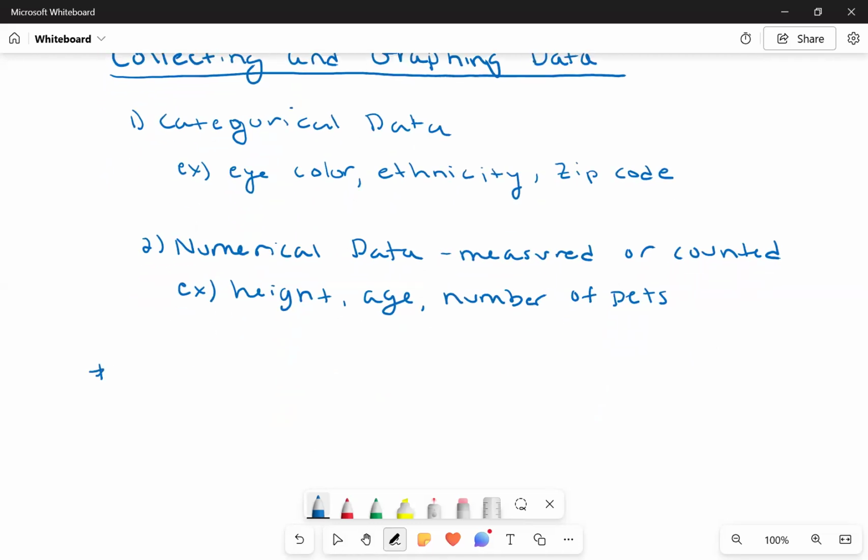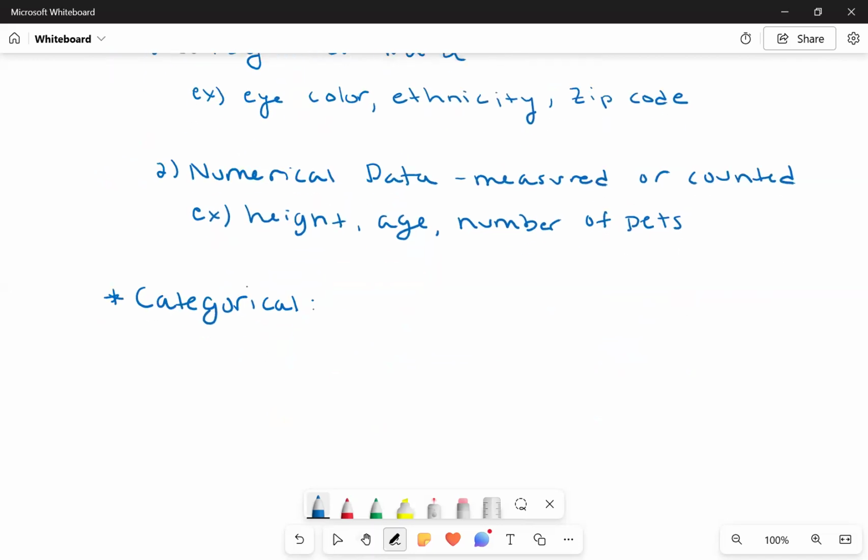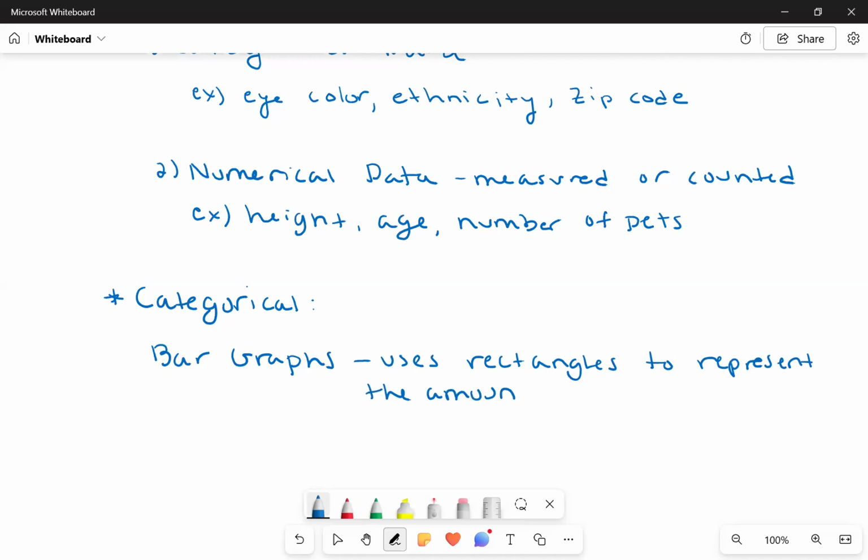The first type we'll have is bar graphs. And most people know bar graphs use rectangles to represent each category, the amount in each category.